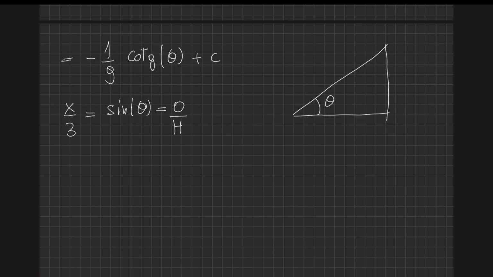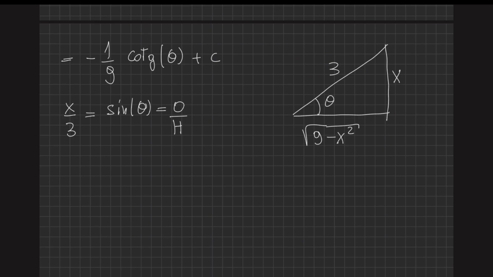This means that for us, this is going to be x, which is the opposite edge, and h is going to be the hypotenuse, which is 3. This means that the third edge is equal to the square root of 9 minus x squared by Pythagoras' theorem.